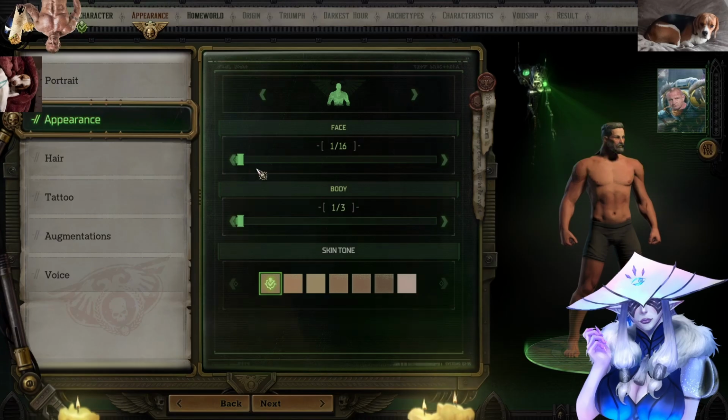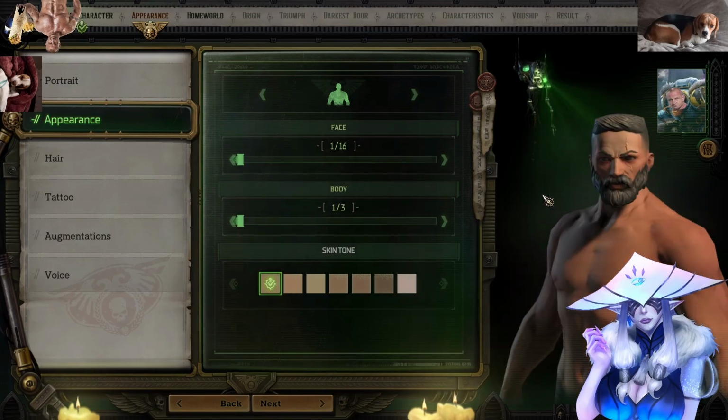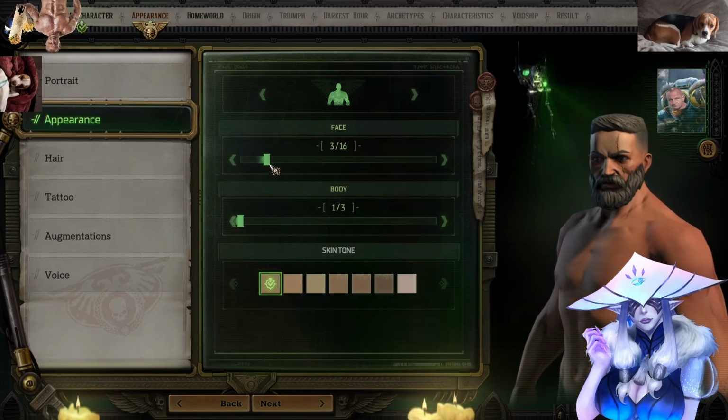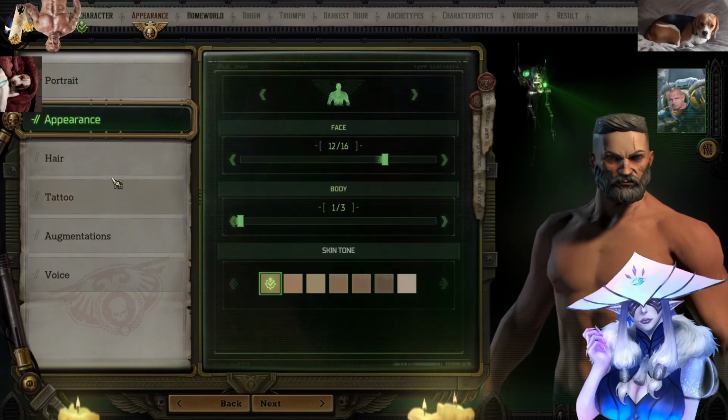Okay. Now we need to make Pudzian. In terms of face, does it really matter which of these we pick? Oh, this one, yes, the angriest looking one.